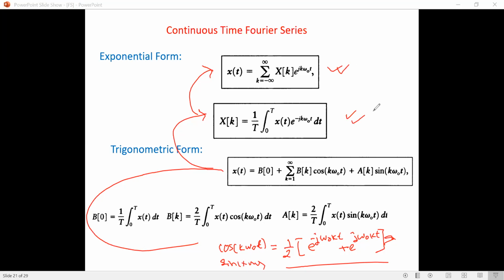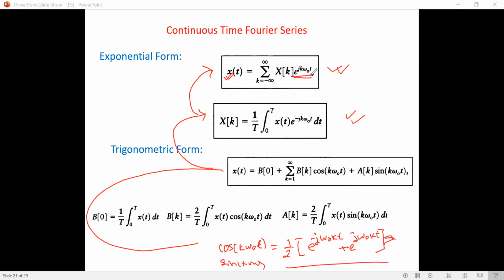Okay, so when we represent our periodic functions by trigonometric series, you see that k value ranges from k equal to 1 to infinity, and k equal to 0 refers to the average value. It may or may not be present in a signal. But when we express the Fourier series in complex exponential form, you see your signal is real, but we are using a complex exponential to represent it.